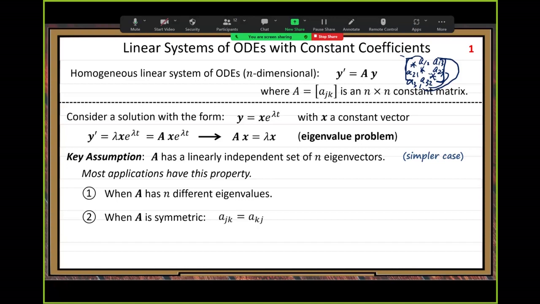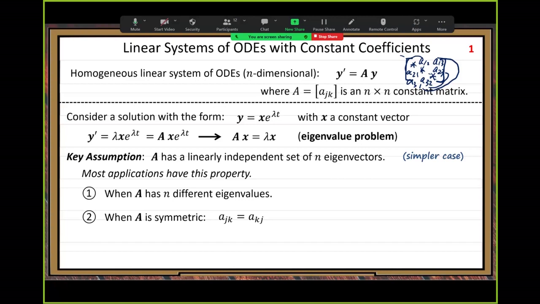The general expression is: the A JK entry, J row K column, equals the A KJ entry, K row J column. That's the expression for the symmetric matrix.